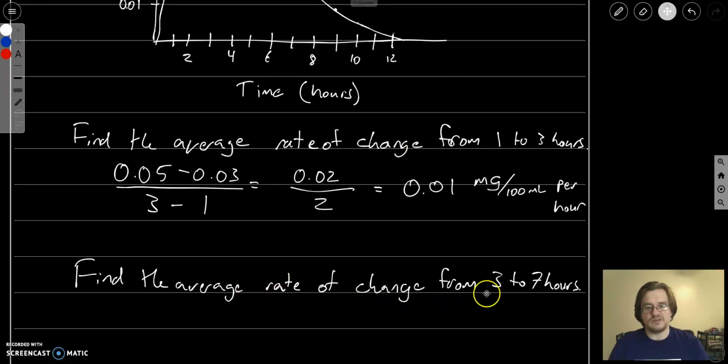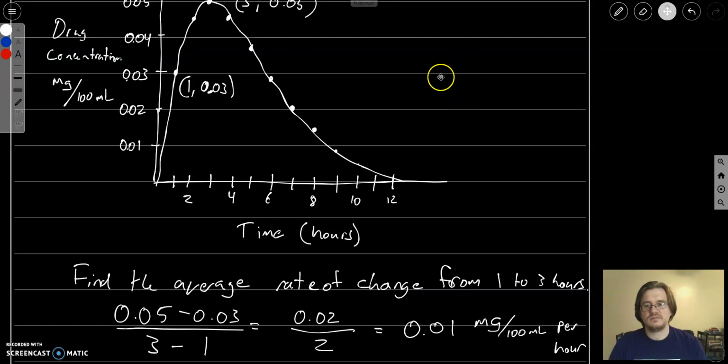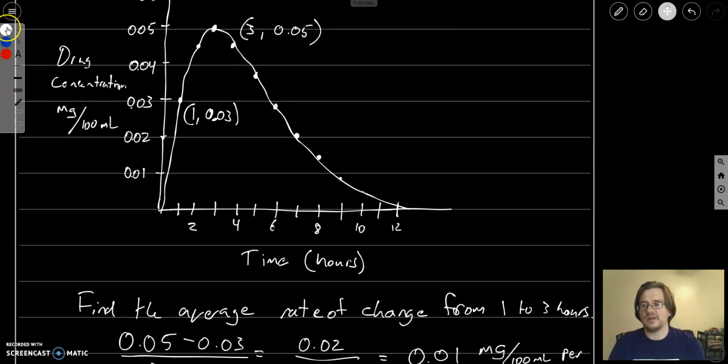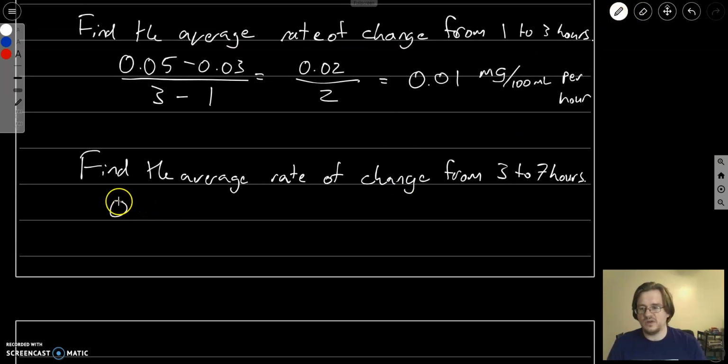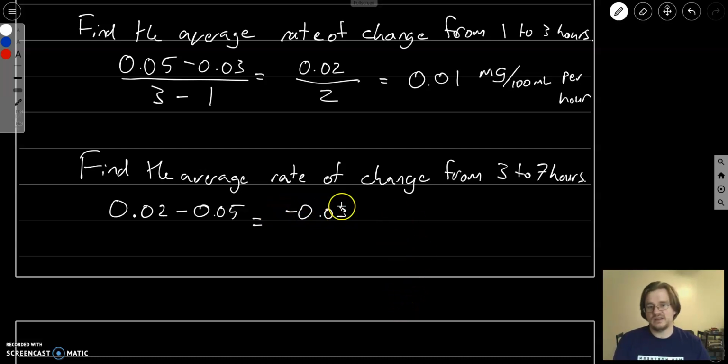And then we can look at the average rate of change from 3 hours to 7 hours. From 3 hours, we're at the peak. Over here at 7 hours, we're at 0.02. So then we can find the average rate of change here. We ended up at 0.02, but we started at 0.05, which means that we fell by 0.03 milligrams per 100 milliliters.